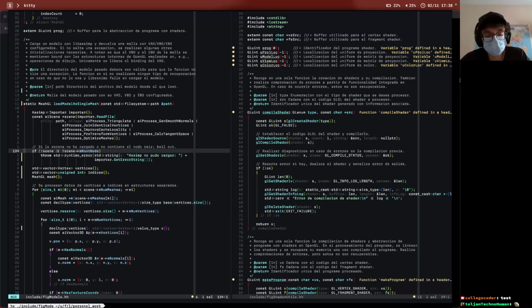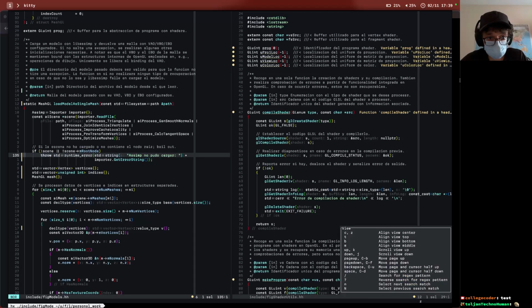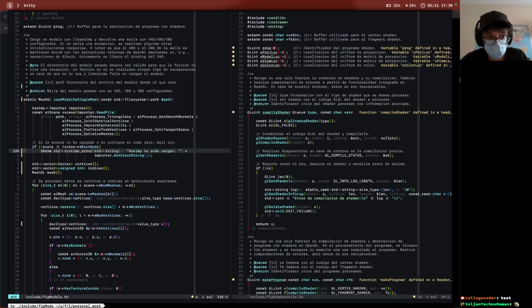I mean, not if it doesn't have it. Root node is a pointer itself. If it's null, we throw a standard runtime error. Yeah. Converts it into a string. Sure, whatever.